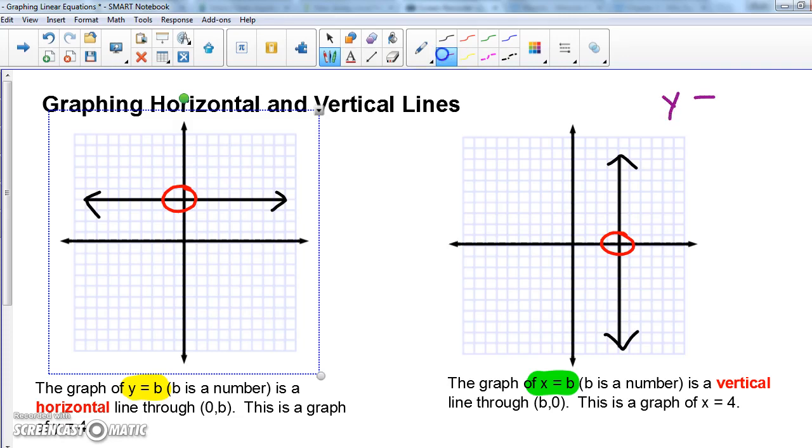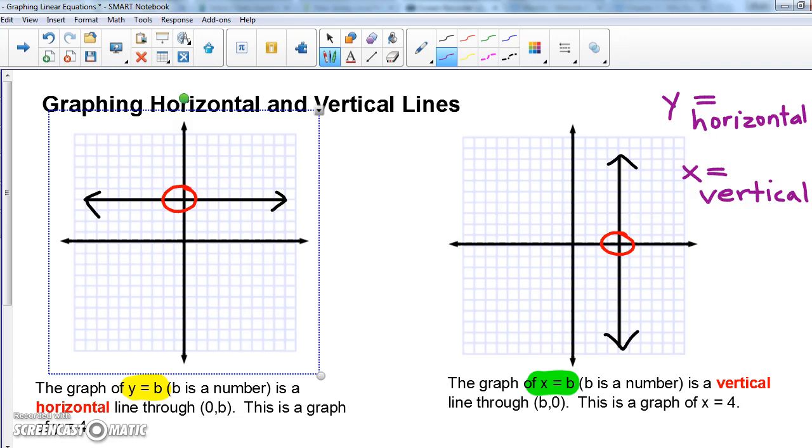So y equals is horizontal. x equals is vertical. That's one way to remember it. Either way, no matter how you do it, you have to figure out a way for you to remember this. Because, like I said, it's easy, right? You don't want to lose points on this, but you just have to keep it straight in your head.